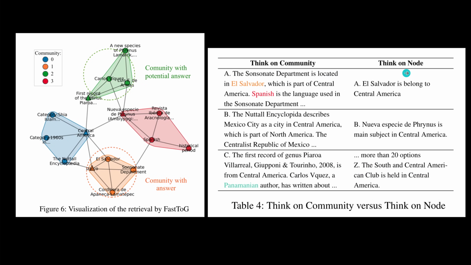Here again, if you want to think node on node on node, you have here this one. But imagine this. You just have a graph and you find that we have here 4 communities, and a community with a potential answer and a community with a definite answer. And you can just jump from community to community and validate here the given fact for your sentence and find a solution to the query. Beautiful.